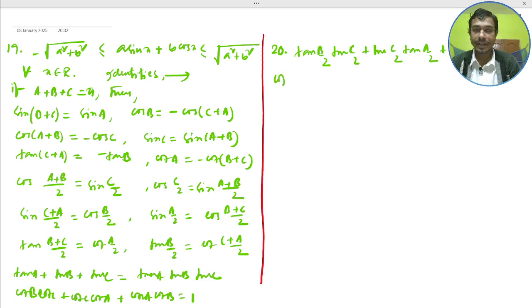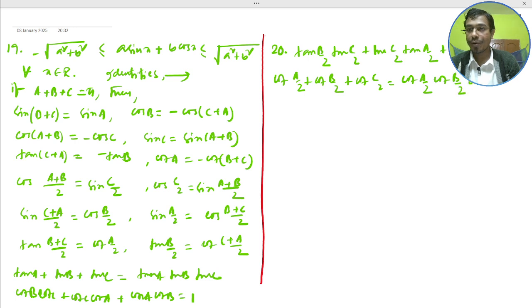And for cot relation, cot a by 2 plus cot b by 2 plus cot c by 2 is equal to cot a by 2 into cot b by 2 into cot c by 2.